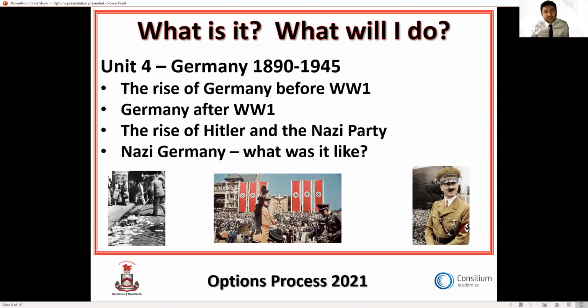Then we look at Germany during World War I and after World War I, what it was like in the 1920s, and then how did the people of Germany vote in one of the most famous and possibly evil men of all time. What was that like, to be part of that country? It's really the story of how Germany goes from being a democracy to a dictatorship.